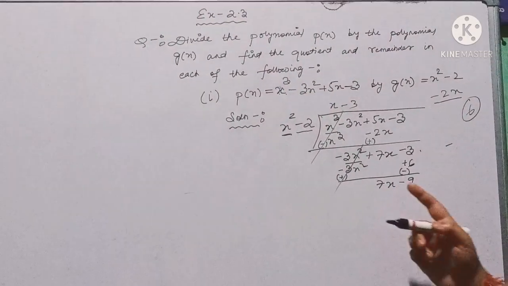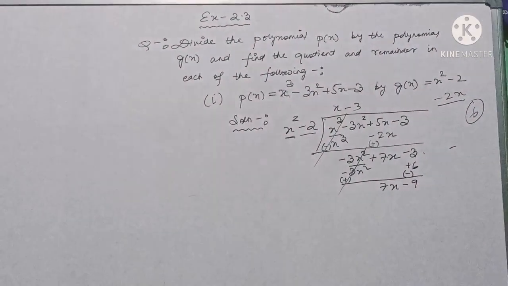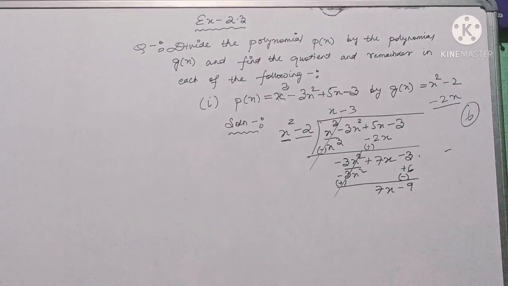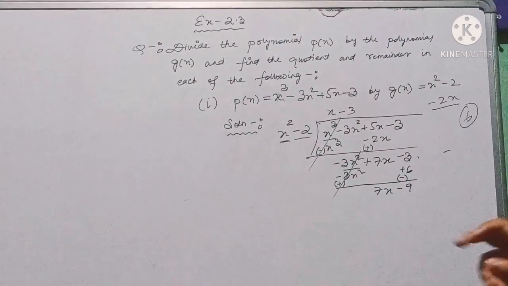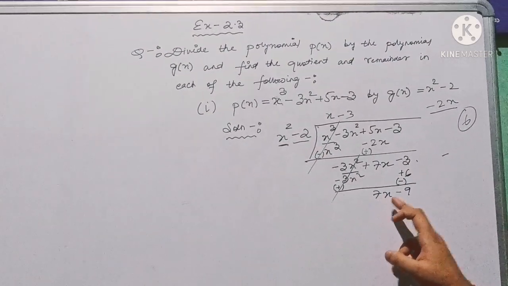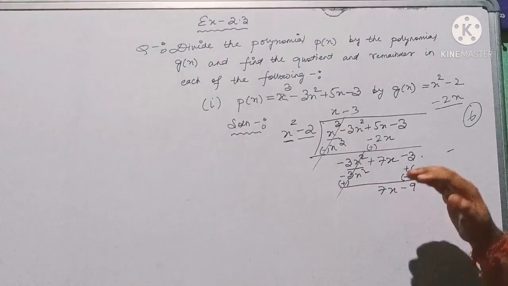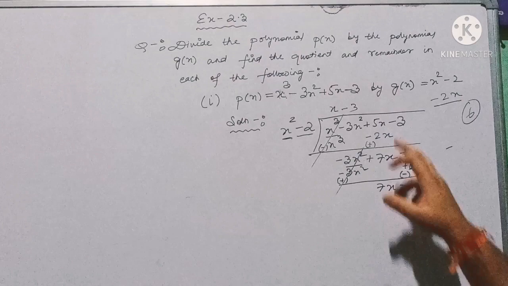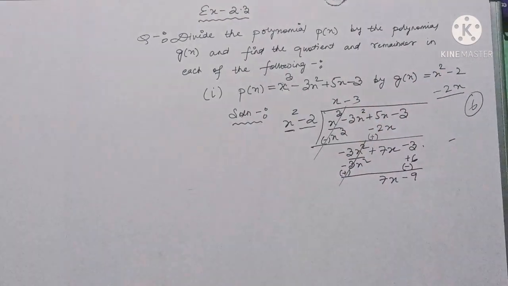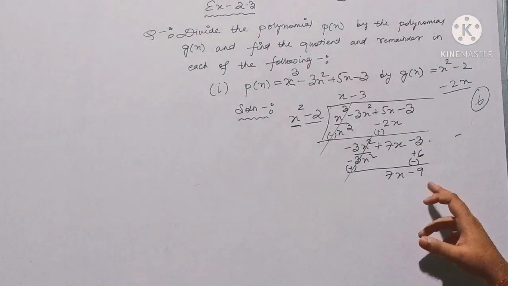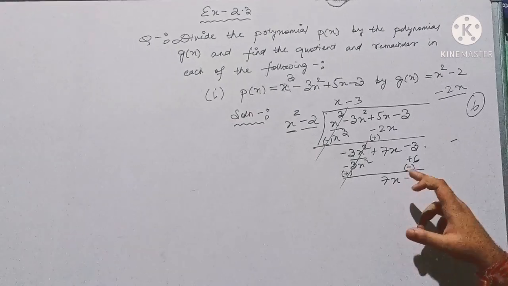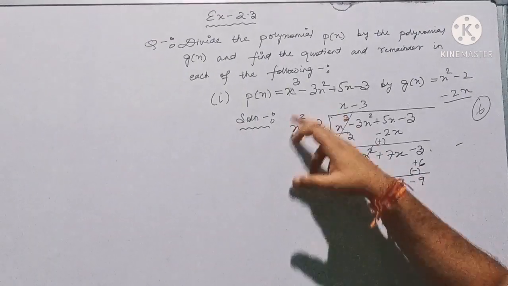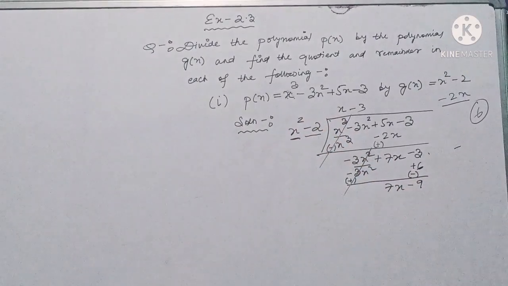Now see if we can divide further or not. My dear students, we have to see the degree again. You see the degree of this term has become less than the degree of the divisor. So you cannot divide further, and this is your required remainder and this is our required quotient. Again I am repeating, whenever the degree of the last term becomes less than the degree of the divisor, then we have to stop the division.